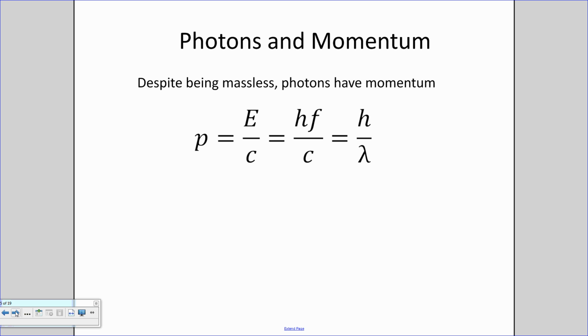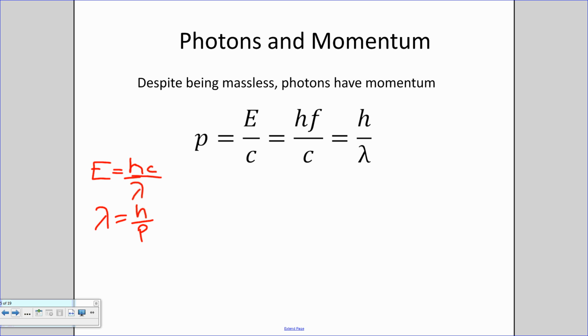All right, so, previous slide, E equals hc over lambda. We had that equation. Now, on the slide before, we had wavelength is h divided by p, momentum.